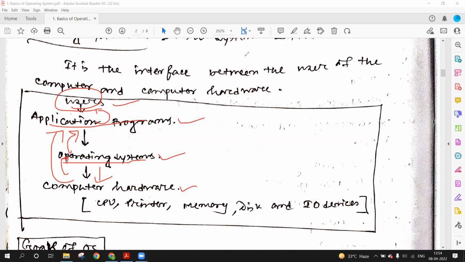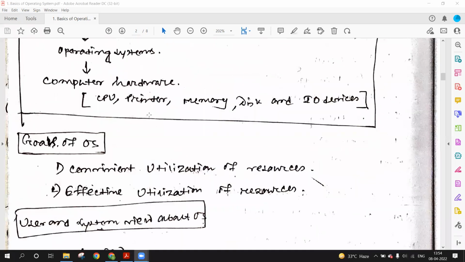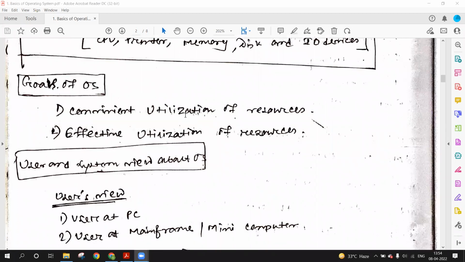Okay, clear? So now what is the goal of the operating system? Our main goals are convenient utilization and effective utilization of resources. Like a book: what is the use of a book if you do not read it?